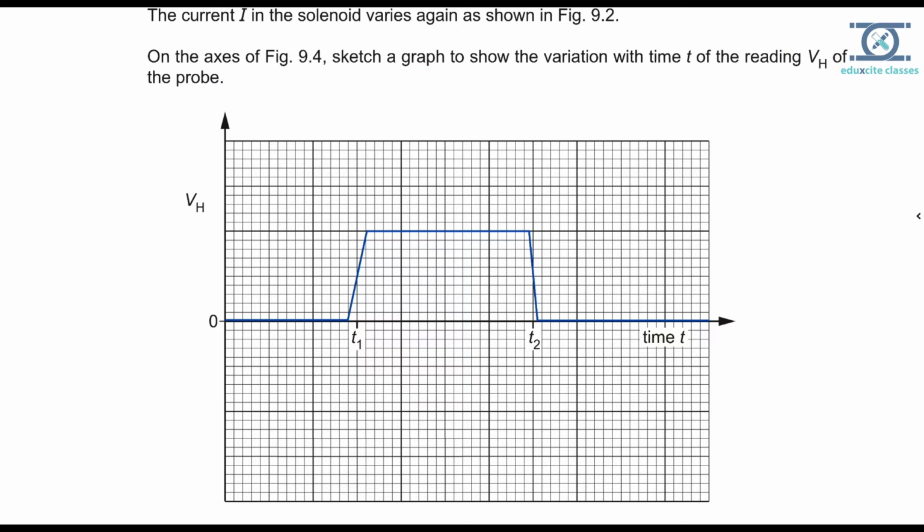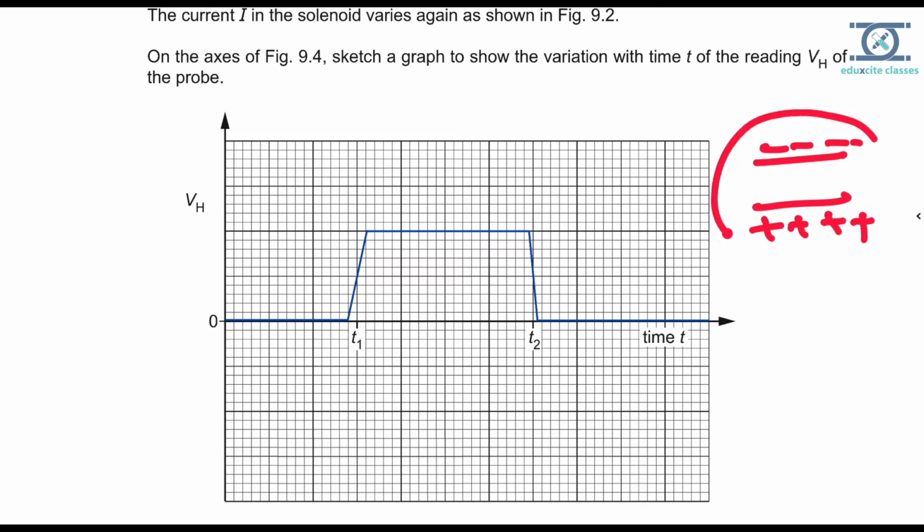Okay. Now Hall voltage will again be zero when there is no current, because there is no magnetic field, so there will be no Hall voltage developed. As the current increases, Hall voltage will also increase. It will remain constant because at that time the magnetic field will be there, so there will be a separation of the negative terminal and the positive terminal.